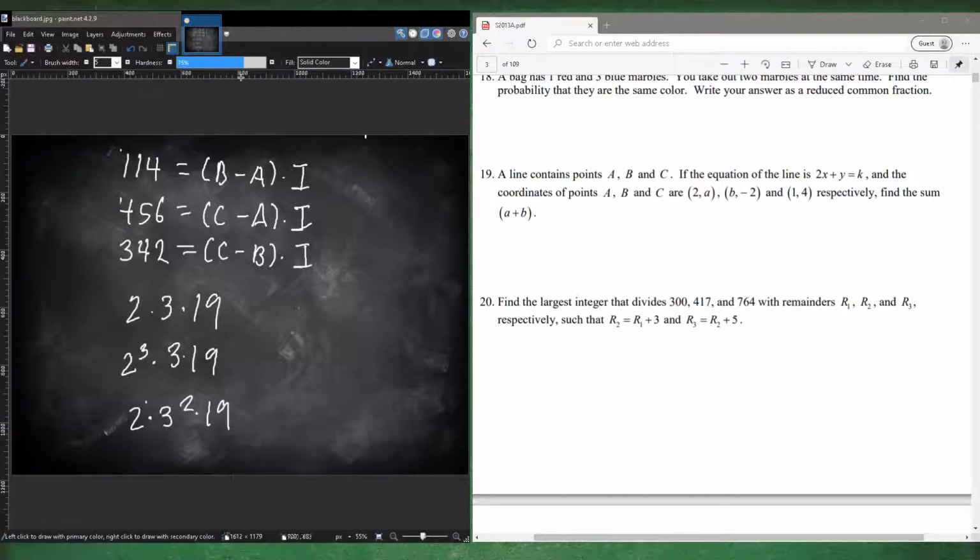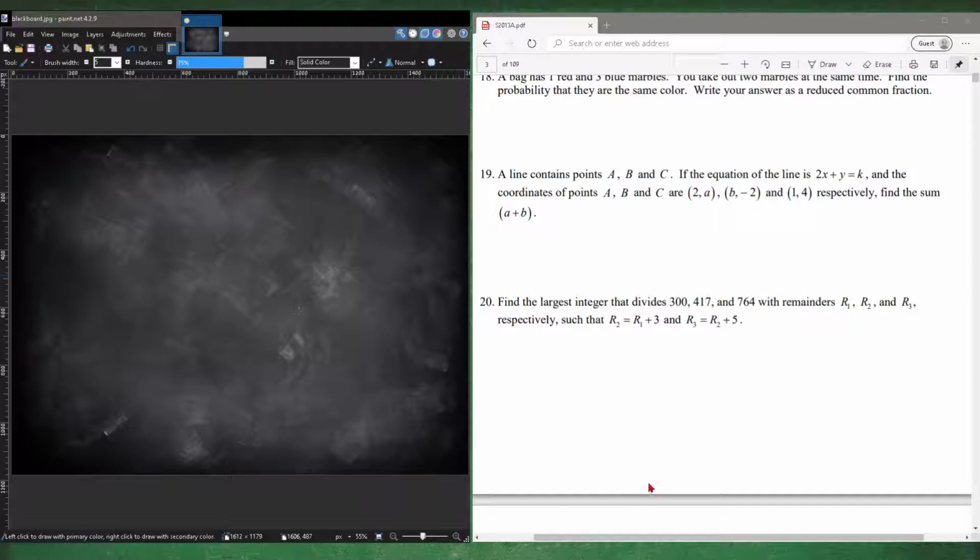So they each have a 2, a 3, and a 19. Then we just multiply them together, and that is 114, which is coincidentally this number. So that is the largest integer that divides into those 3 and gives us these properties. So your answer is 114, and that's basically it.